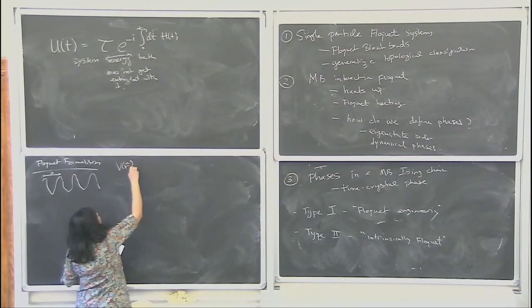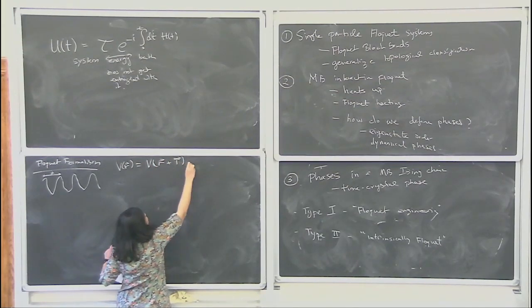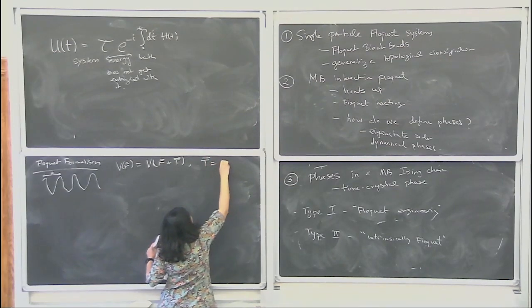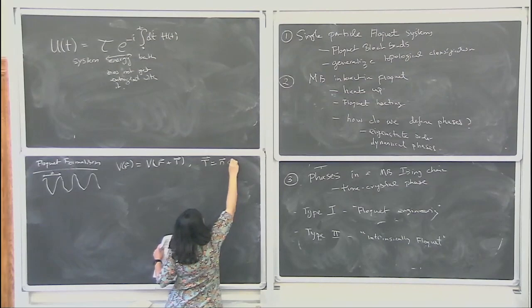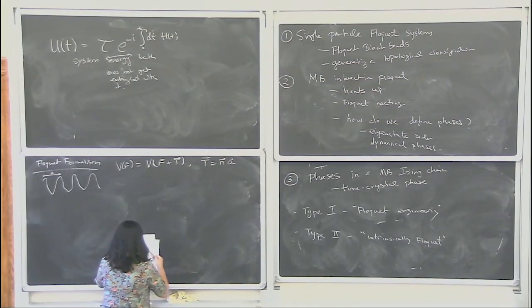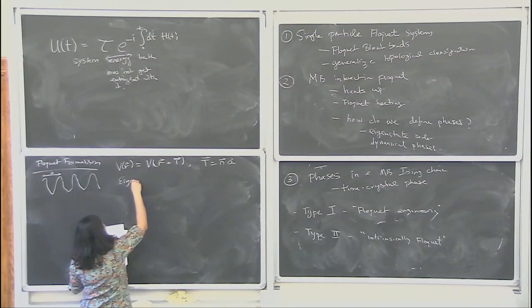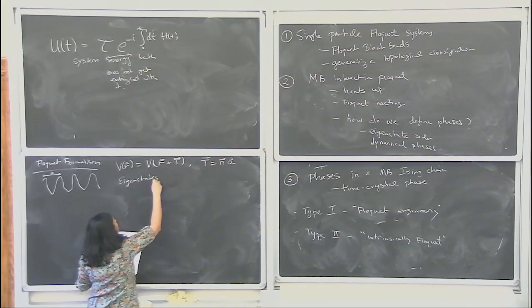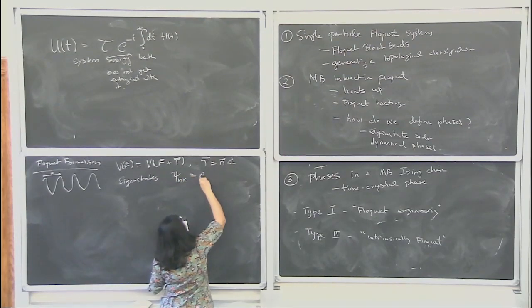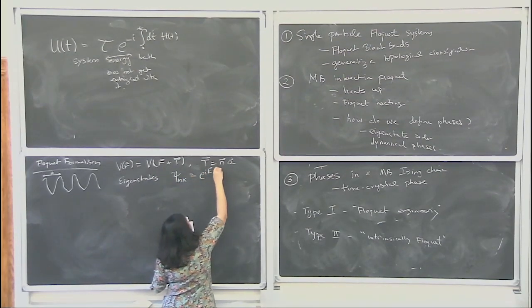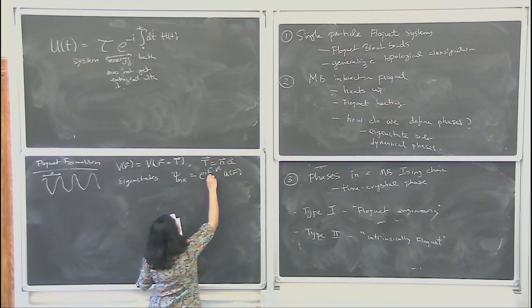So suppose you have a periodic potential, then we know that the eigenstates look like Bloch states.